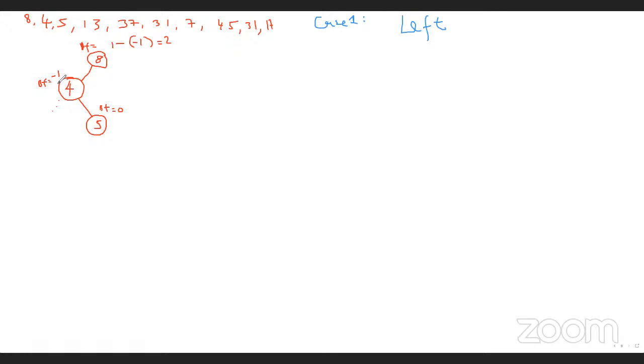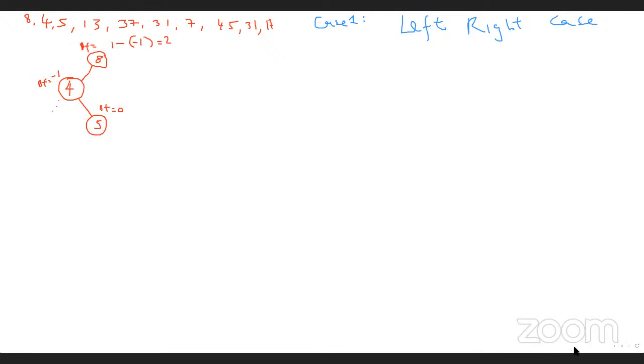Right. So 4 is leaning right. So we have the parent node leaning left and the left child leaning right. So we have a left-right case. That's how we determine it.